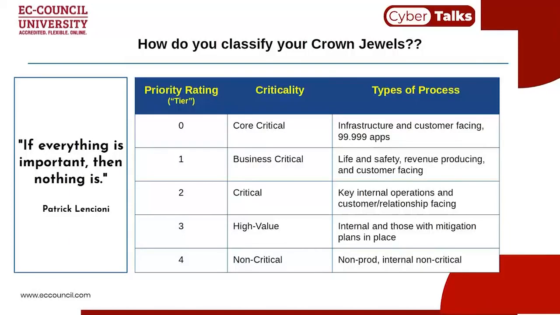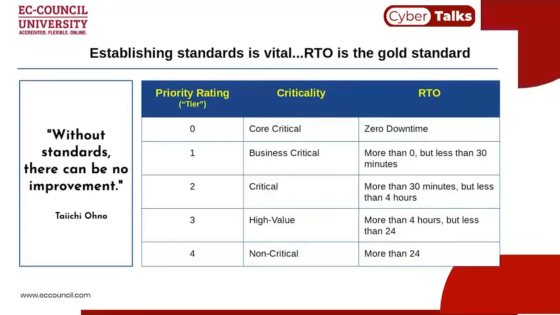You want to make sure that you don't tell them their application isn't important, but you do need to make sure that they understand in the context of the whole organization, their need for immediate care might not be as high as they think. And they might go from being a 0 to a 2 or a 1 to a 3. And that's something you have to determine. But coming out of this, you will have a list of your most important applications and business processes.